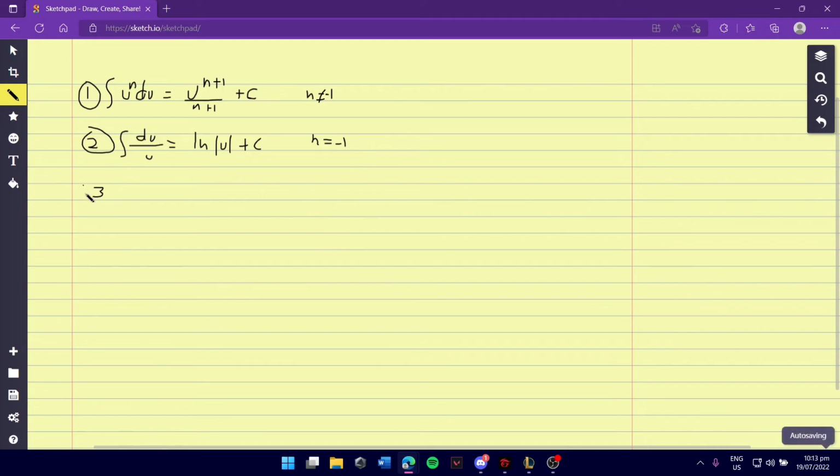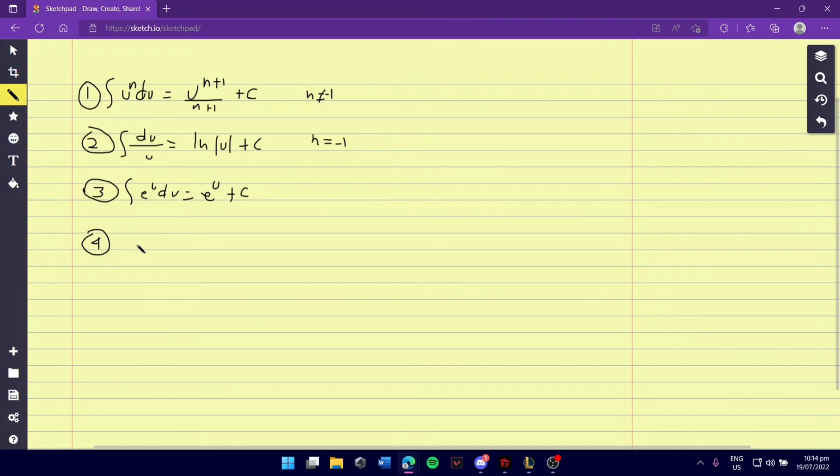Then our third formula is the exponential function. The integral of e raised to u times du will become e raised to u, and then add our arbitrary constant, which is c.